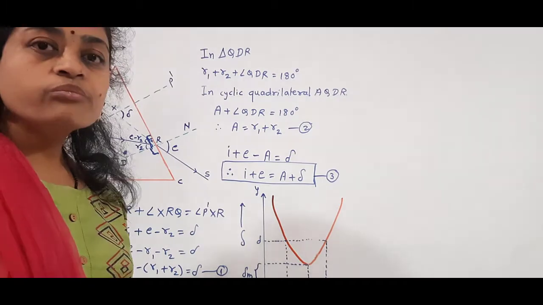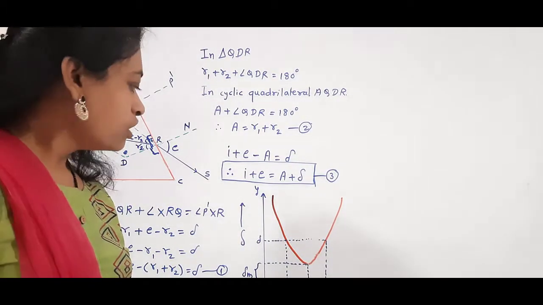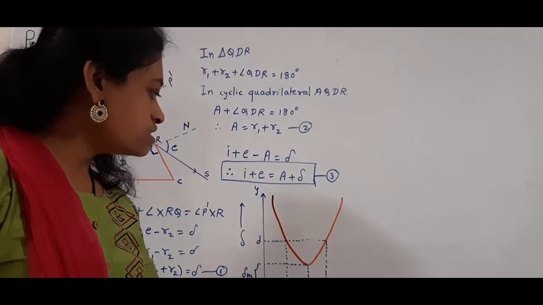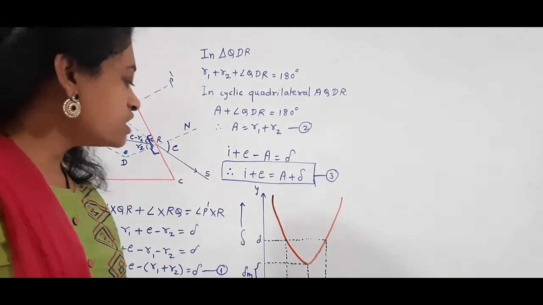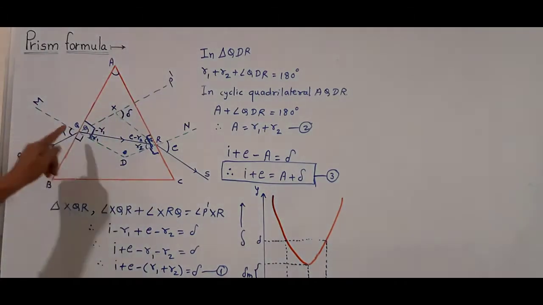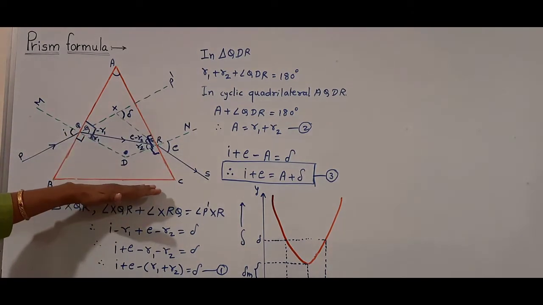When the minimum deviation position is reached, at that point we get angle of incidence equal to angle of emergence. And when this happens, ray PR is parallel to the base BC.